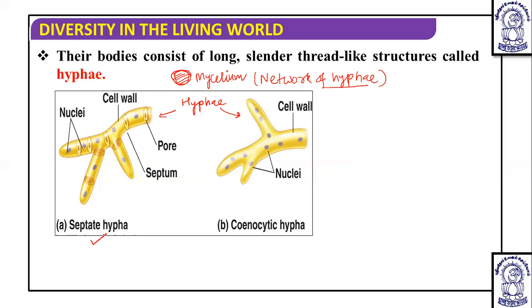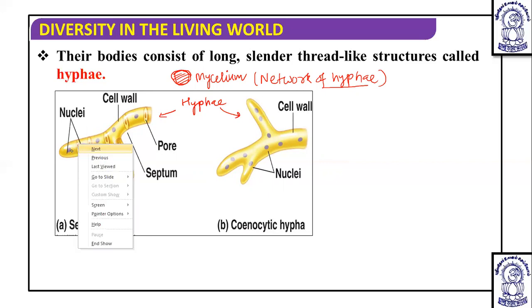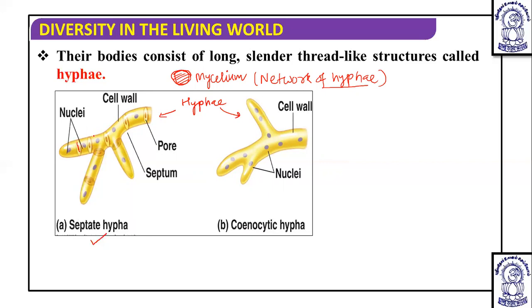In septate hyphae, if we see the hyphae in detail, you will find such cross sections. You will find these cross walls, and these cross walls are known as septum. So septum is nothing but a cross wall in the cytoplasm, and due to this the nuclei are separated from each other.